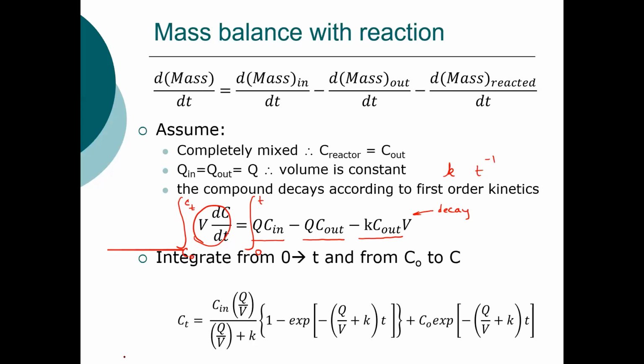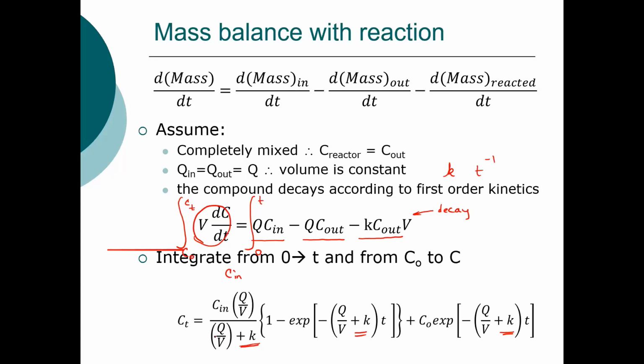It's more complicated than before because now note we have a K term in the exponential, and before this was just C in. Notice if you don't have a K, then the Q over V factors out. Okay? So where we have reaction, this is the equation we will use.